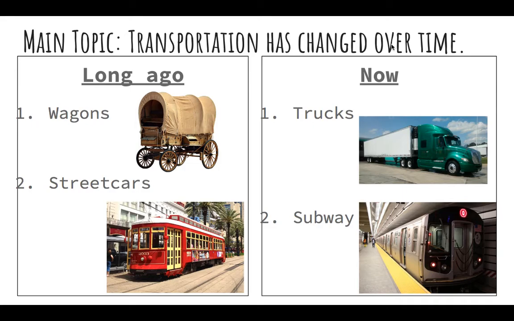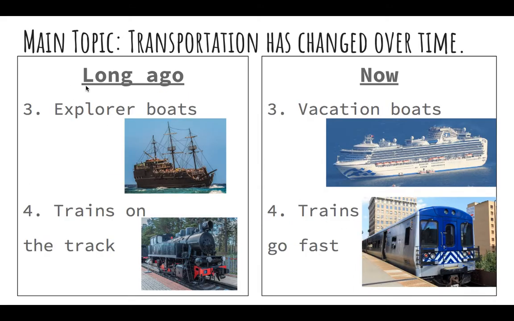Transportation has changed over time. So this is what we did for transportation then and now. Long ago, we rode in wagons. Now, we use trucks. Long ago, we had streetcars. Now, we ride the subway. Long ago, we needed explorer boats. Now we have vacation boats.